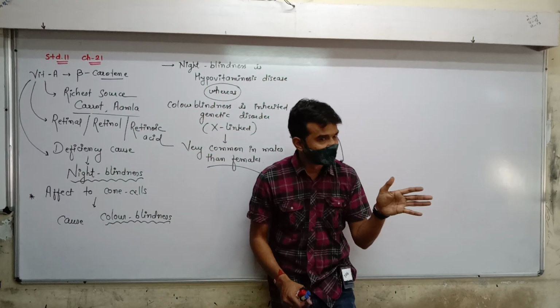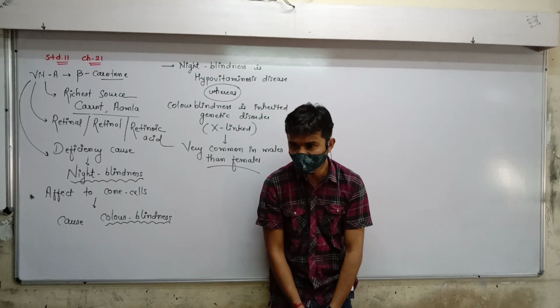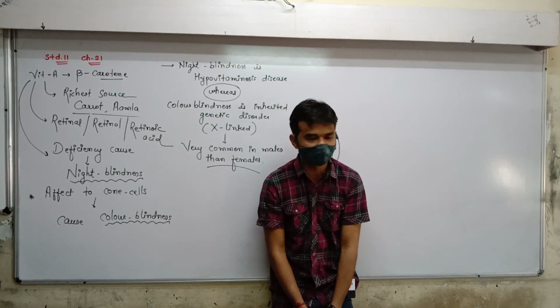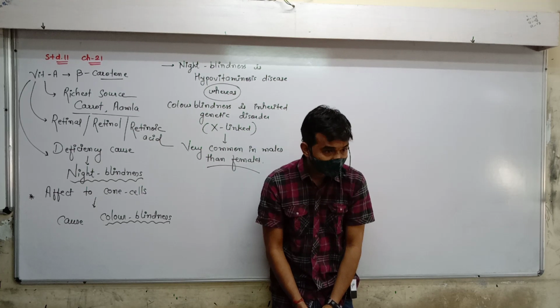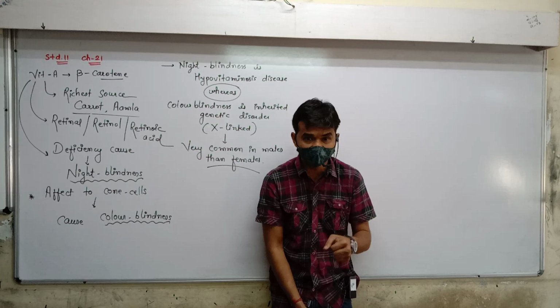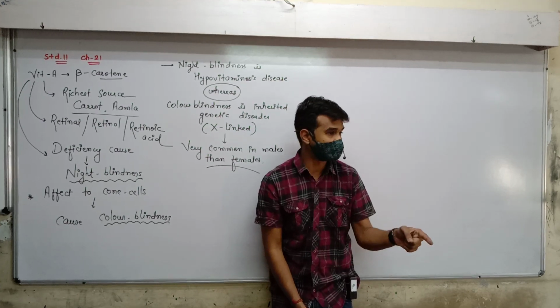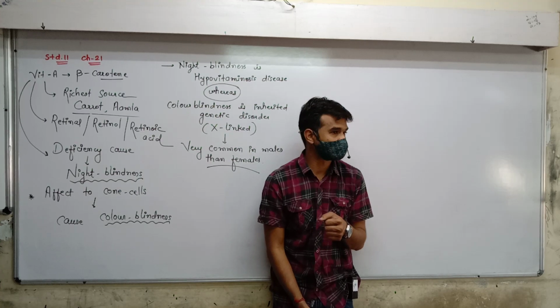Actually, the affected X chromosome, which is responsible for color blindness, is a recessive gene. But in males, the recessive gene is expressed because we have only one X. The other is the Y chromosome.